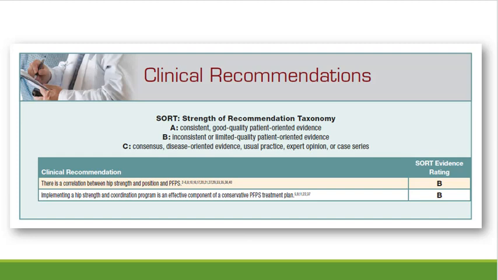So what you can see here in the SORT statement, there was a couple different statements that the authors created from this paper, and they gave them B scores, meaning to answer those particular statements, there's inconsistent or limited quality patient-oriented evidence. Now, what does that mean for you?